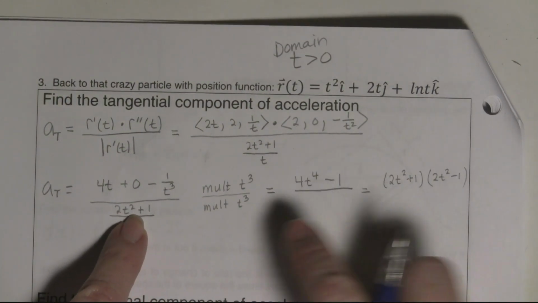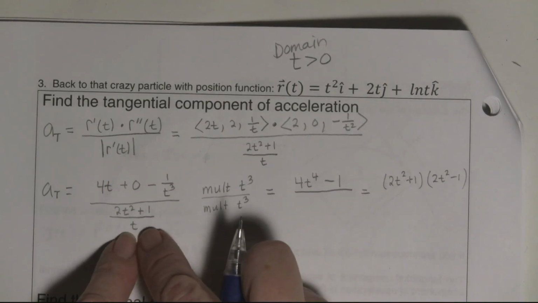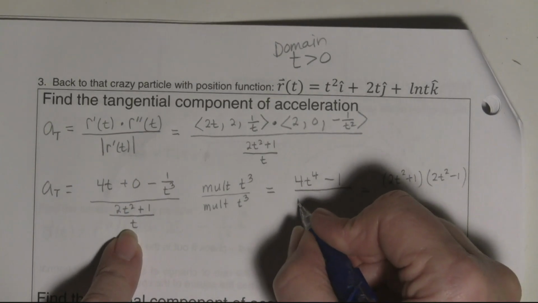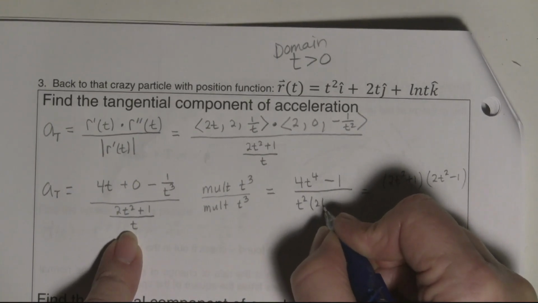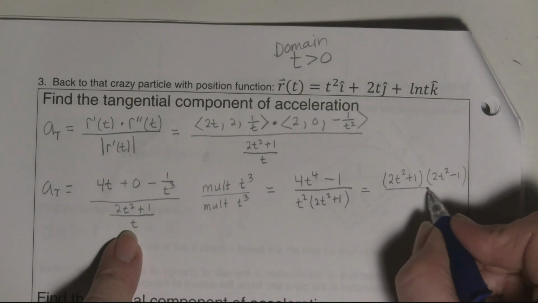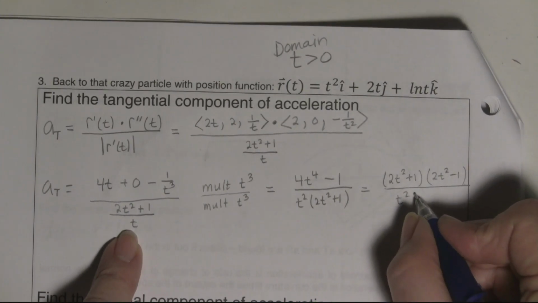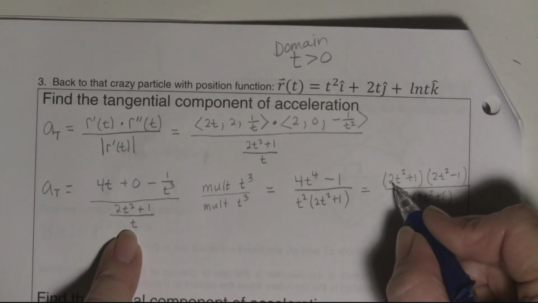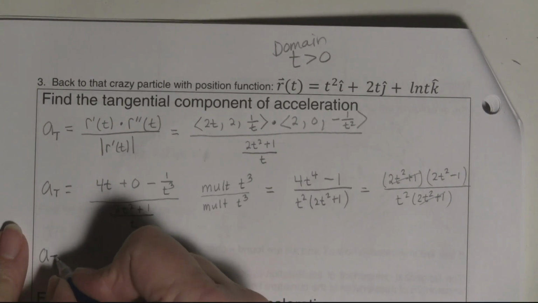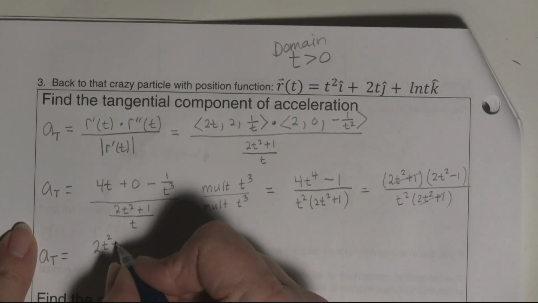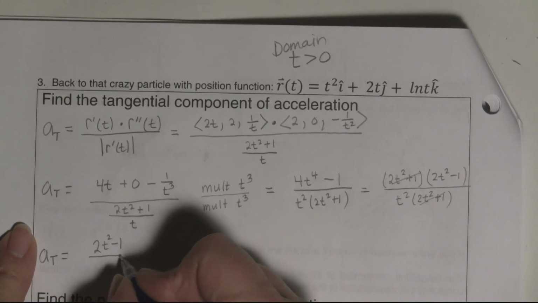When I multiply this by t to the third, the t and the t to the third cancel with one another and give t to the second. So I'm going to write this as t to the second times 2t squared plus 1, just seeing that I had a difference of squares in that numerator. So this right here is t to the second over 2t squared plus 1, and those cancel out. So AT equals 2t squared minus 1 divided by t squared.